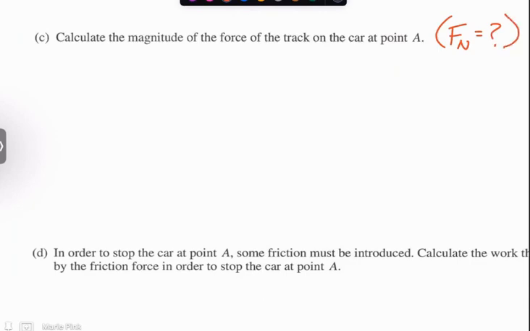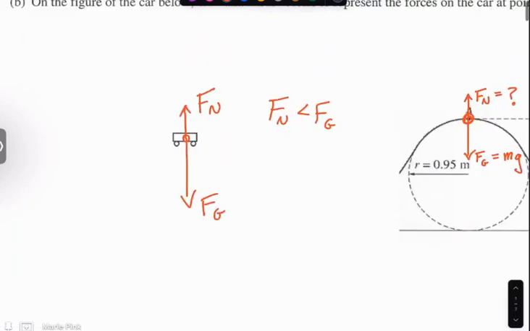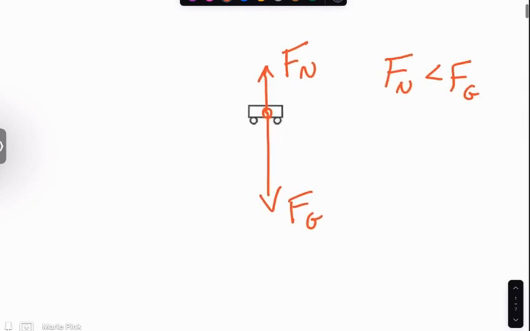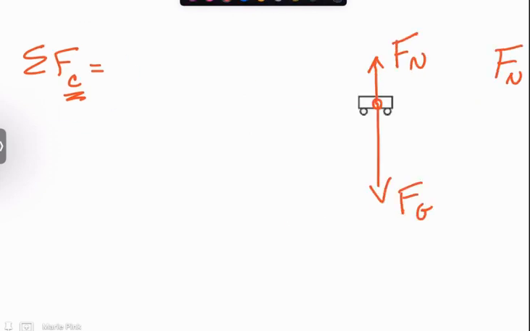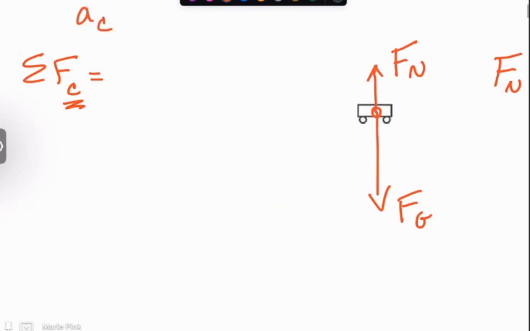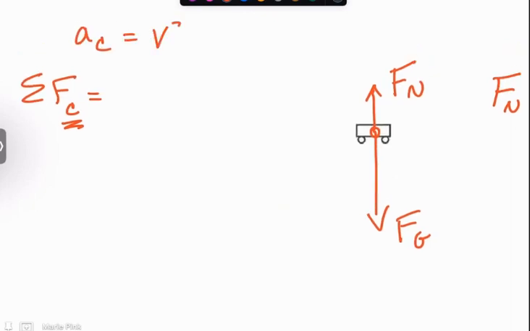Okay, so thinking about this, I'm going to write it up here and then I'll do it down there. So I'm going to have the sum of my forces. Remember that the sum of the forces always has to be towards the center of the circle, because when I do the sum of my forces, it needs to be equal to ma. And acceleration towards the center of the circle is v squared over r.